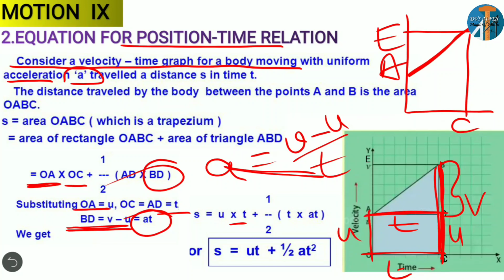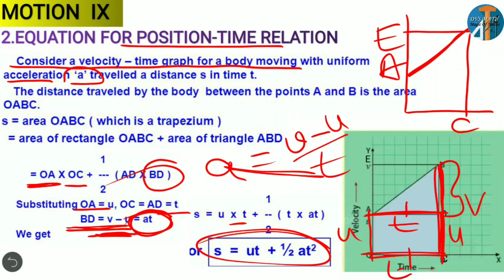AD is also T because these both are equal. So T into, in place of BD, V minus U, which can be written as AT by equation 1. So what you got: S is equal to UT plus half AT square. This is equation 2 in motion.